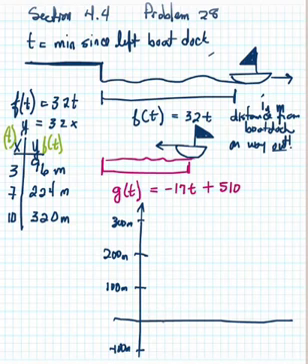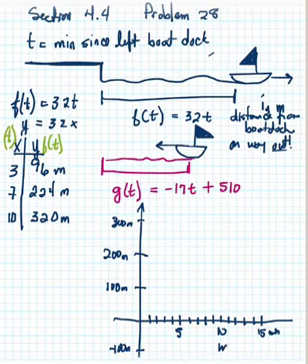Okay, and then our time, we could just count up by ones. 1, 2, 3, 4. This would be about 5 minutes right here. 5, 6, 7, 8, 9, 10. This would be 10 minutes. 11, 12, 13, 14, 15 minutes would be about right here.